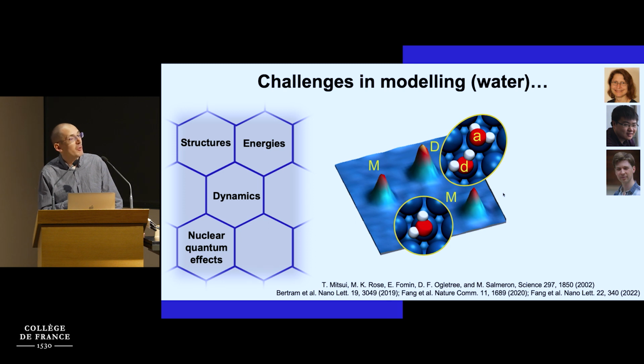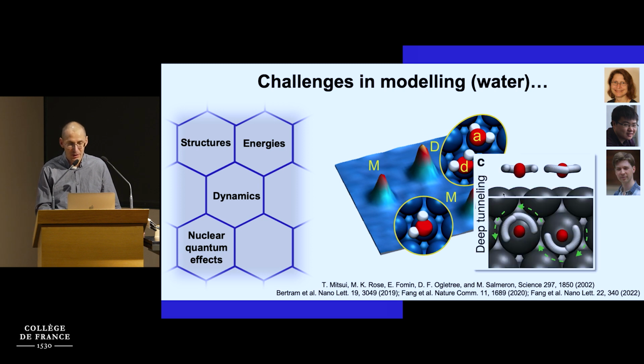These correspond to two different types of objects. The slightly smaller ones correspond to a single water monomer on the surface. The larger one is a water dimer, and it shows up as a spherical image because it's rotating, in a mechanism that's facilitated by quantum tunneling.